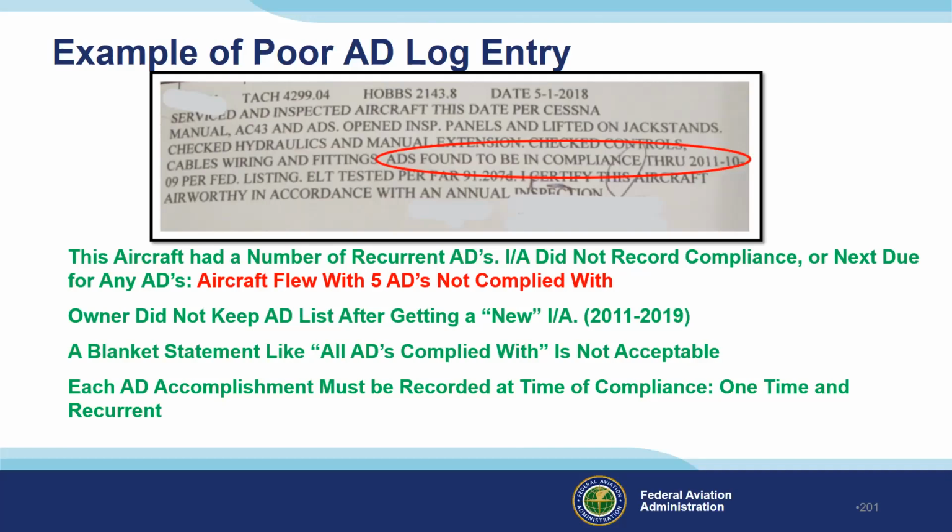It came in on a hotline complaint. The owner did not keep an AD list after he got a new IA. So from 2011 to 2019, the status list wasn't kept up to date. Each AD accomplishment must be recorded at the time of compliance, both one-time and recurring.